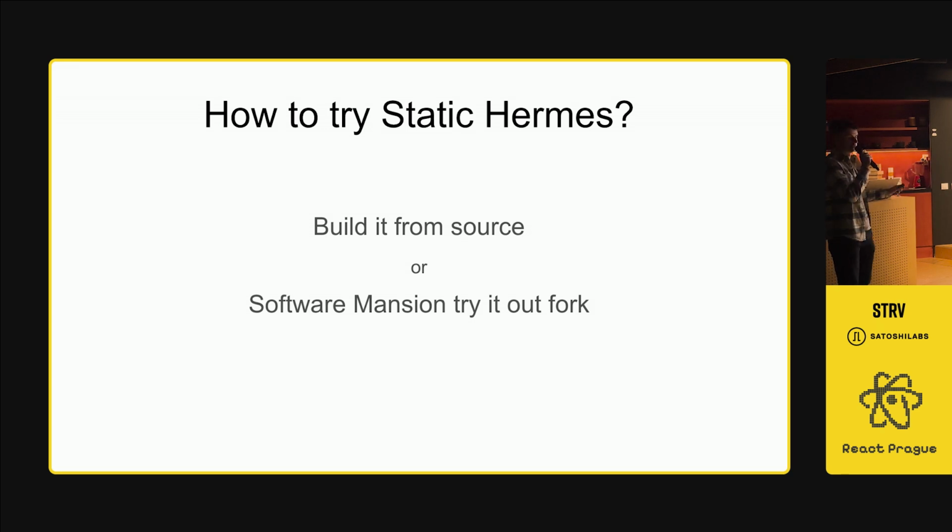But this is Static Hermes without type mode. So it's just a little bit better version of Hermes, but not that fancy stuff we are looking for right now. But definitely it's worth checking. I tried it in one of my apps and it just worked. It was a little bit faster, but not that much.